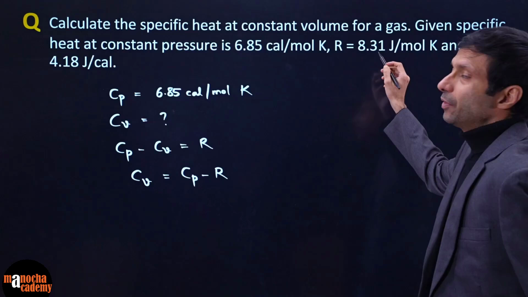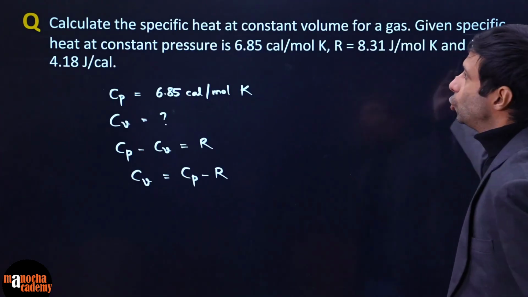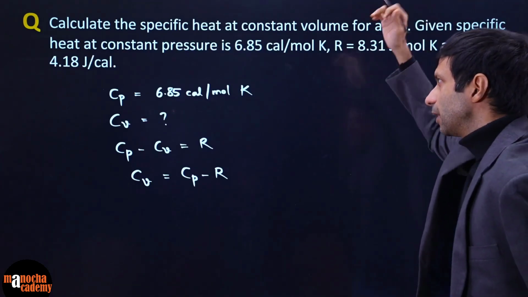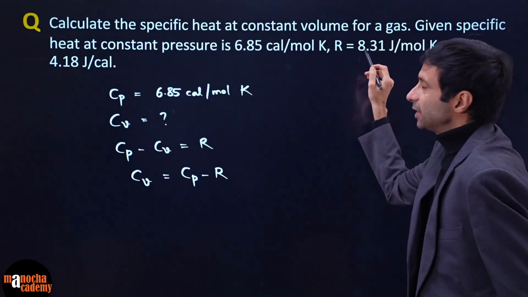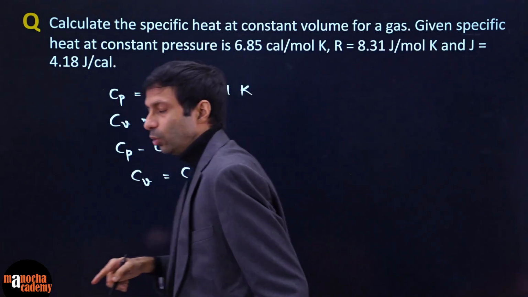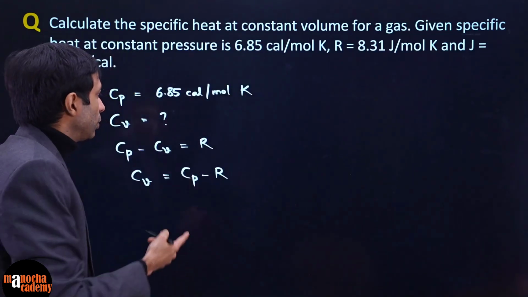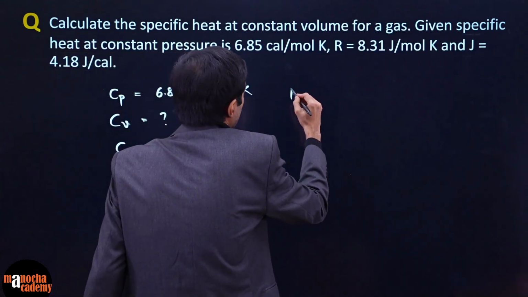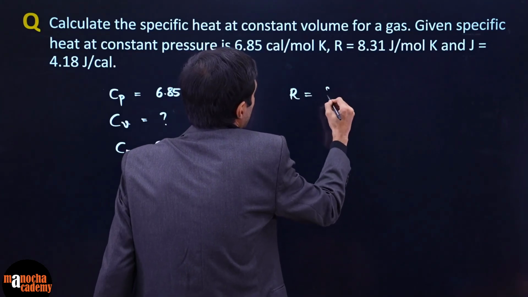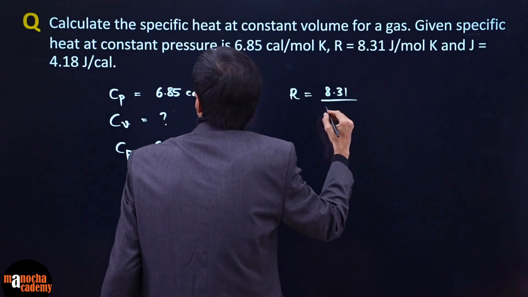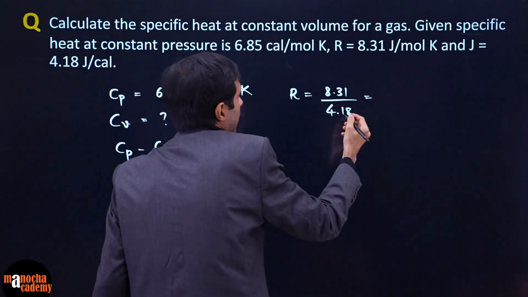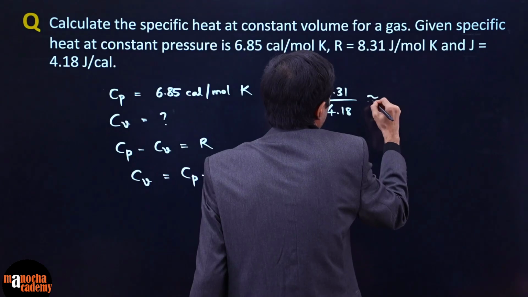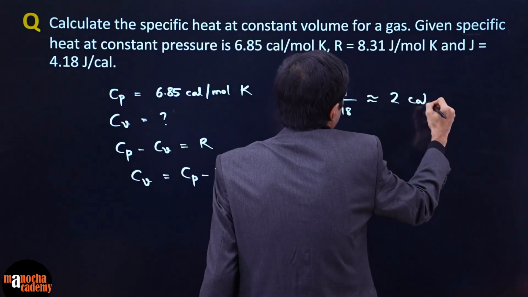They've given you R's value also to make it easy. Now see, this R is given in SI unit, but they have told us that 1 calorie is 4.18 joule. So here you can see there's a calorie unit, while R is in SI unit. So we should change R into the calorie unit. That is one important thing to do over here: you will substitute R as 8.31 divided by 4.18, which gives approximately 2 calorie per mole Kelvin.